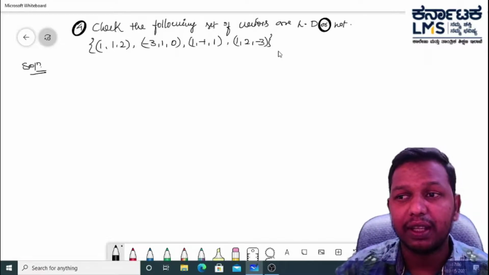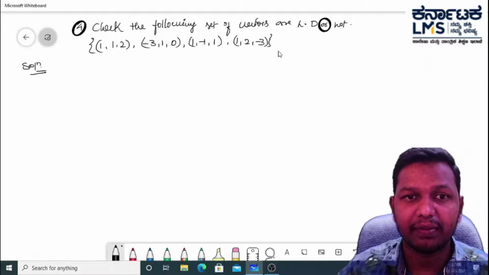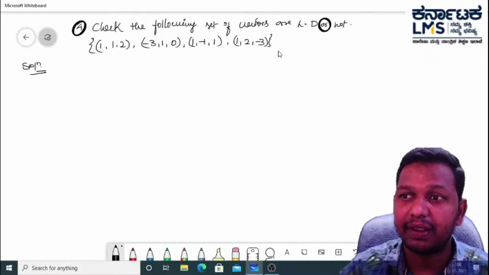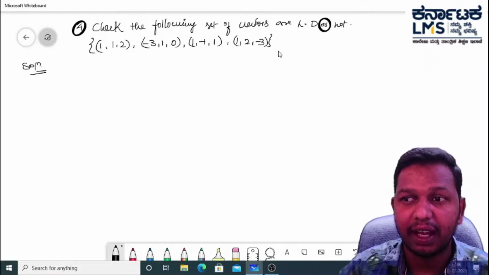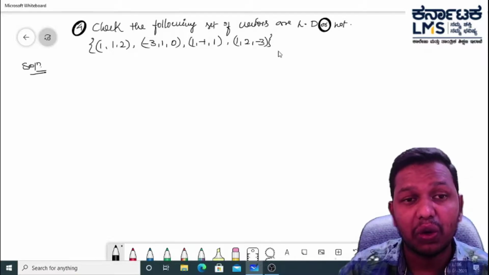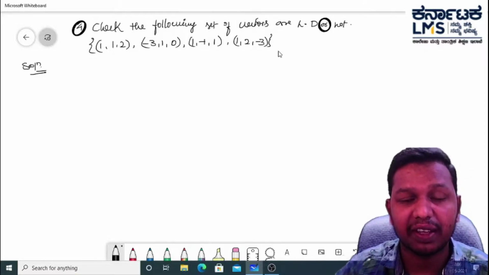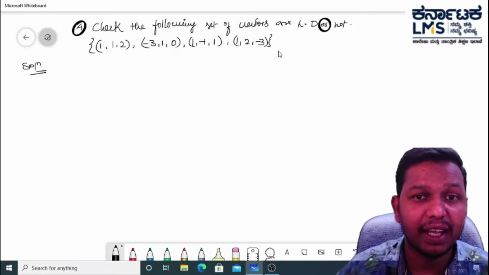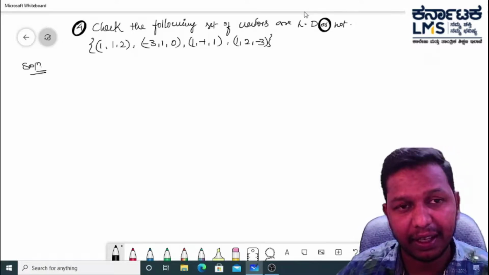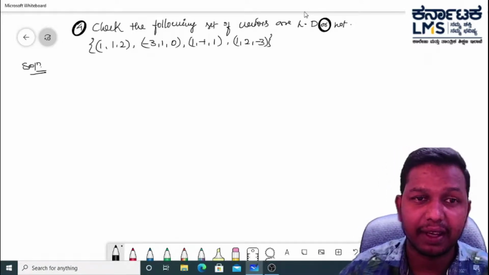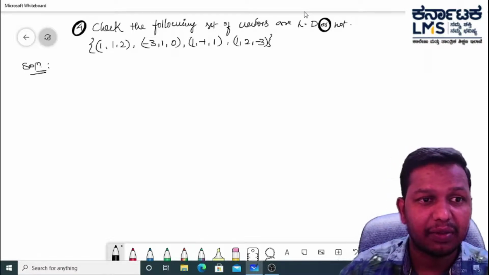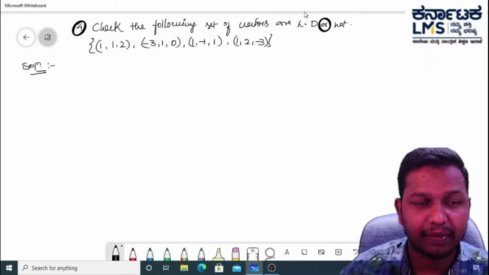If the given matrix has zero rows in row reduced echelon form, then it is linearly dependent, otherwise it is linearly independent. Let's check which condition it satisfies.